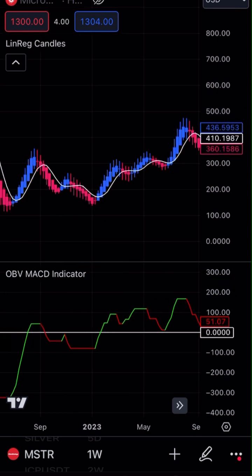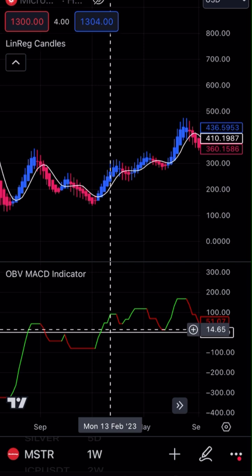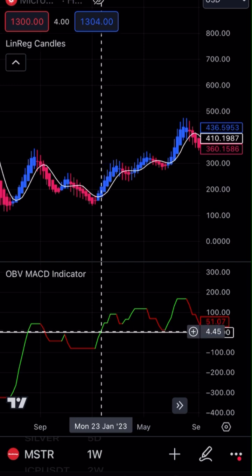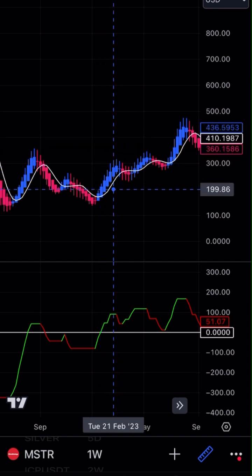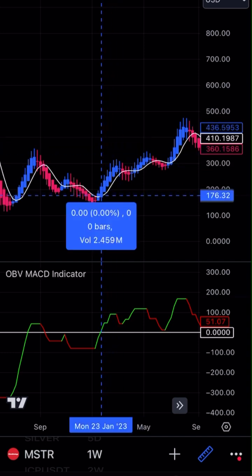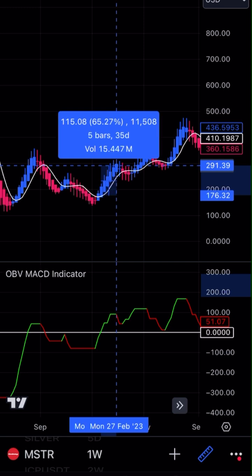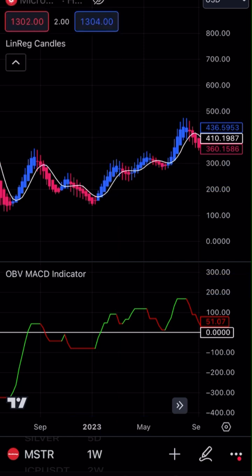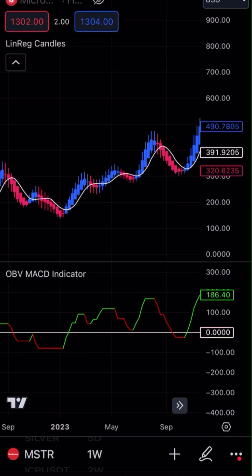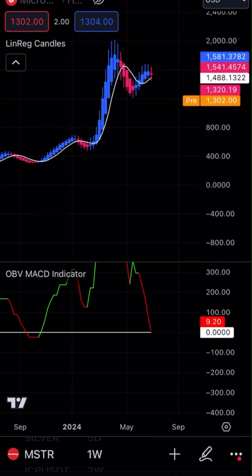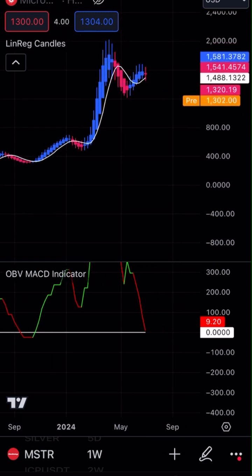We see a moment right here on the weekly where it's crossing. This is the time it crosses when it started going up. If you came in right here and rode this out for 30 days, this is a 65% increase off of your money.